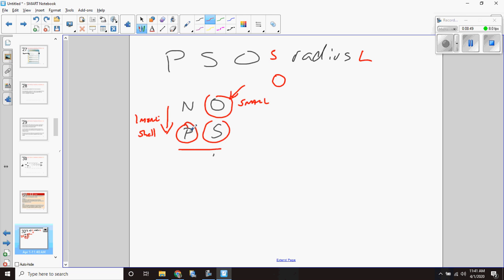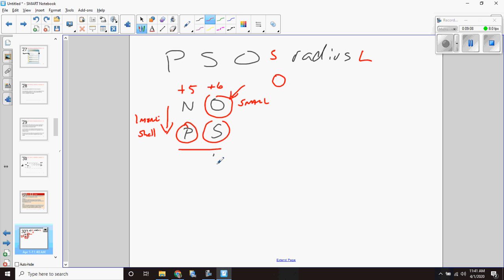And we know that this group is going to experience an effective nuclear charge of +5. The next group over will experience an effective nuclear charge of +6. So phosphorus, effective nuclear charge of +5, sulfur, effective nuclear charge of +6.